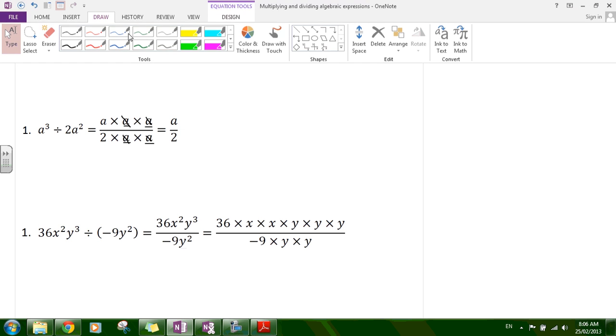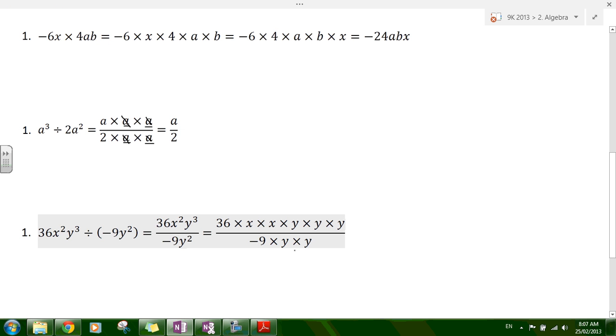So the first thing I can do is get rid of any common factors I see now. Well, obviously y and y are common factors. So y divided by y is 1, so that goes. This also goes because y divided by y. And so at the moment we have 36 x x y, so 36 x squared y, over minus 9.